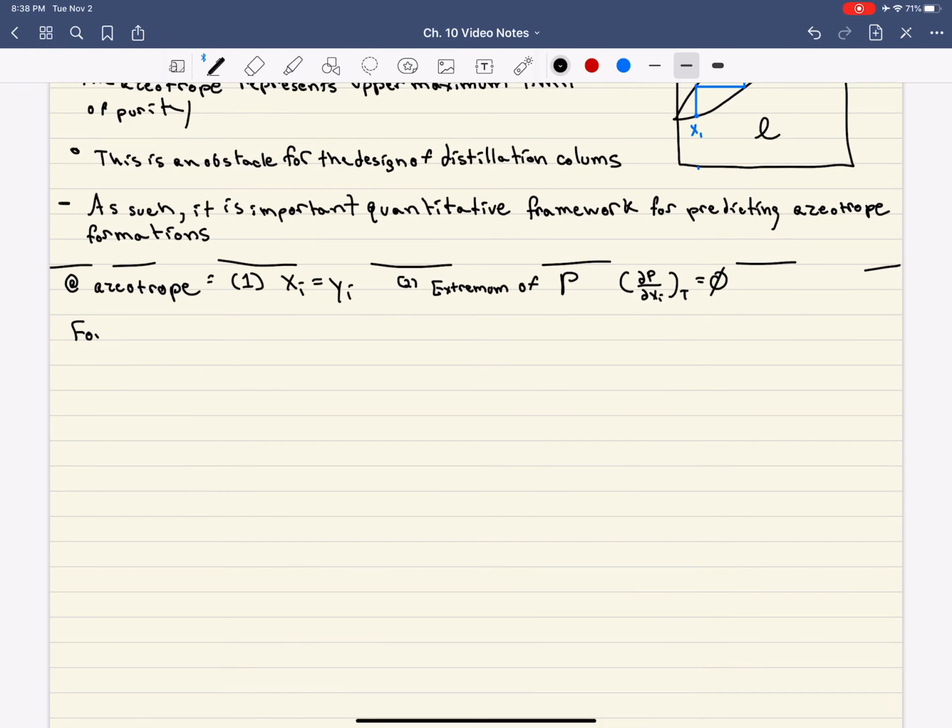For our modeling purposes, we're going to look at the same type of system that we've been looking at previously. Namely, we're going to assume that the vapor phase is an ideal gas mixture, and our liquid phase is where the non-idealities are going to occur, so we will have a non-ideal solution.